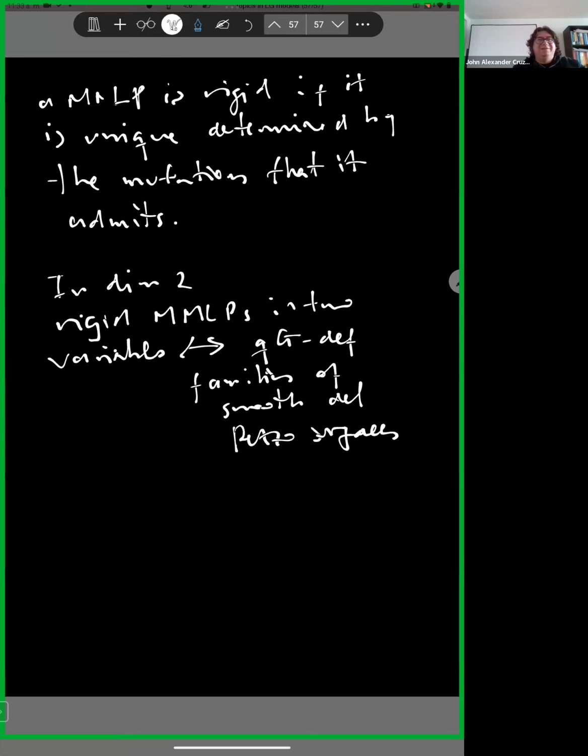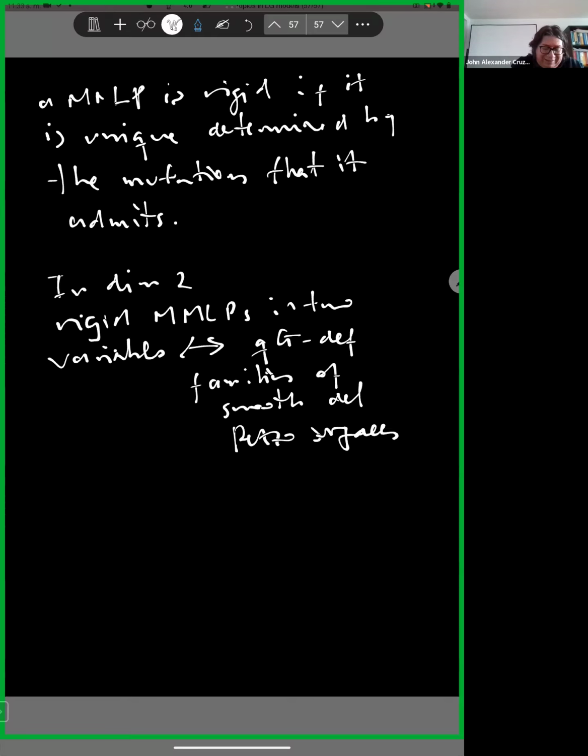So for this list of 10. That actually says this conjecture is true in dimension two, right? Only the rigid maximally mutable Laurent polynomials can come as a mirror for del Pezzo surfaces.